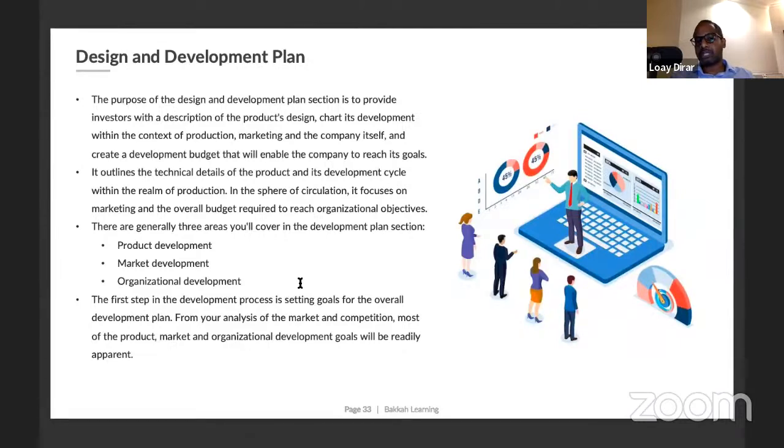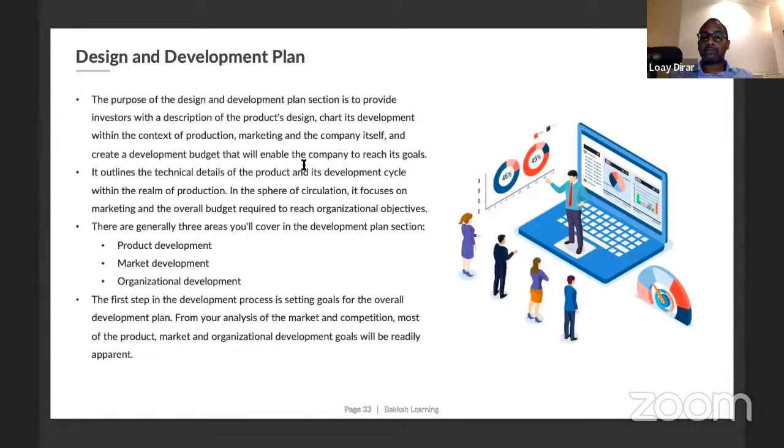So the purpose of the design and development plan section in the business plan is to provide investors with a description of the product design: how your product is going to look. It might sometimes require including a prototype design or a three-dimensional design that will help showcase your final product and how it's going to look.